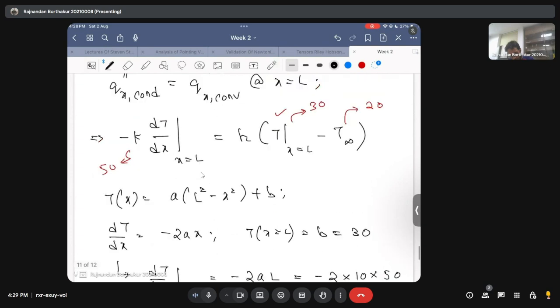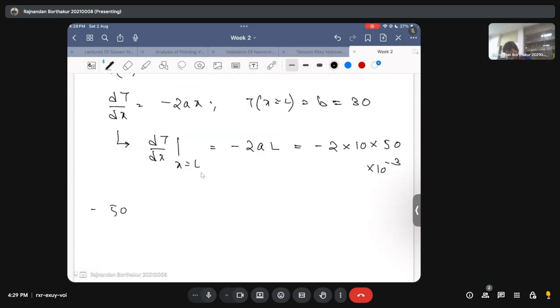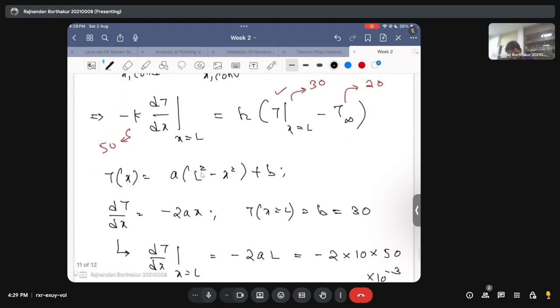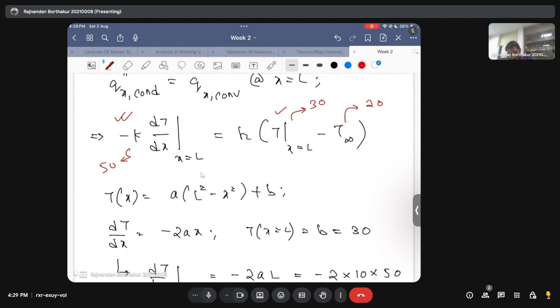If you substitute these values, this will be minus 50 times, and this becomes plus because there is already a minus sign here. So this is 50 times 2 into 10 into 50 times 10 to the power minus 3. I'm just substituting the values into this equation, please don't get confused. I'll call it equation 2.